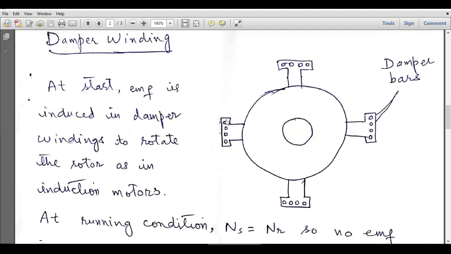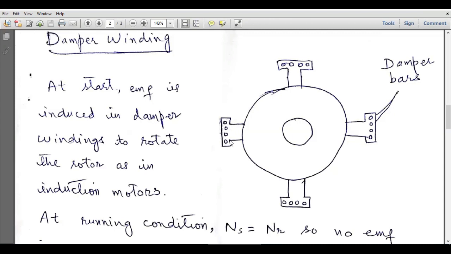Due to that EMF they will shift the torque, and they will reduce the oscillations due to any disturbance or due to the change of the load in the rotor.